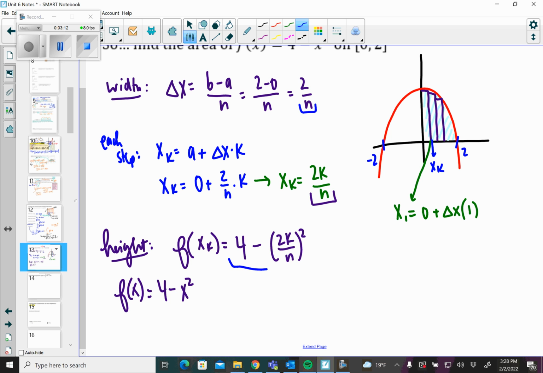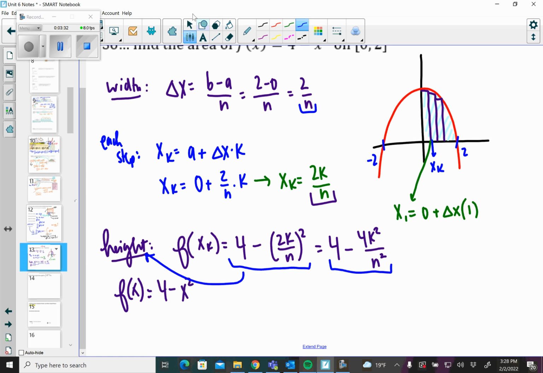And this is totally acceptable. Or you could take a moment and actually simplify that a little. 4 minus, I'm going to square all these pieces, 4k squared over n squared. Whichever way you want to write it is fine. And this is the height of our rectangle.